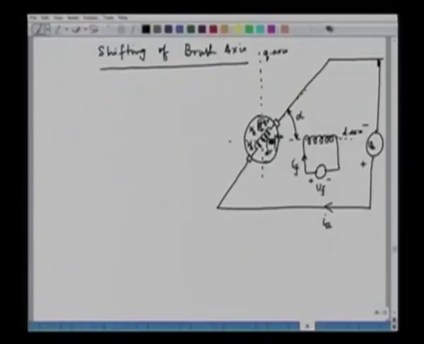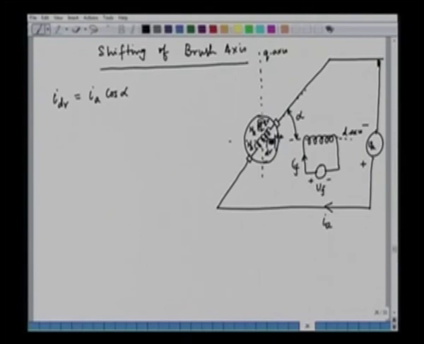So, the number of turns of these windings are the same as the armature winding number of turns, that is Na. And if you equate the MMF in this case, we can say IDR is equal to IA cos alpha. Very naturally, this is the projection of this along the D axis.